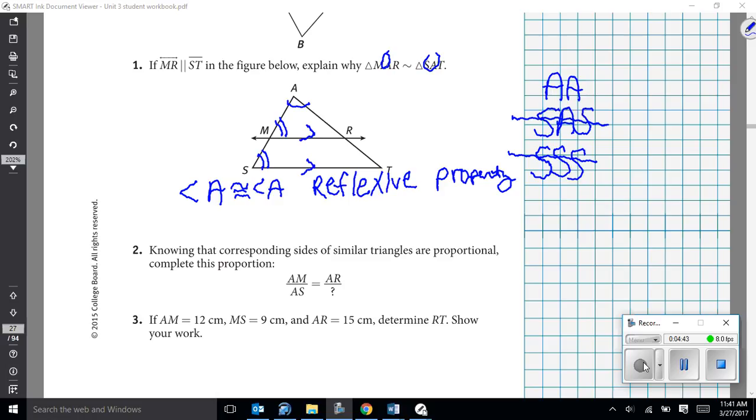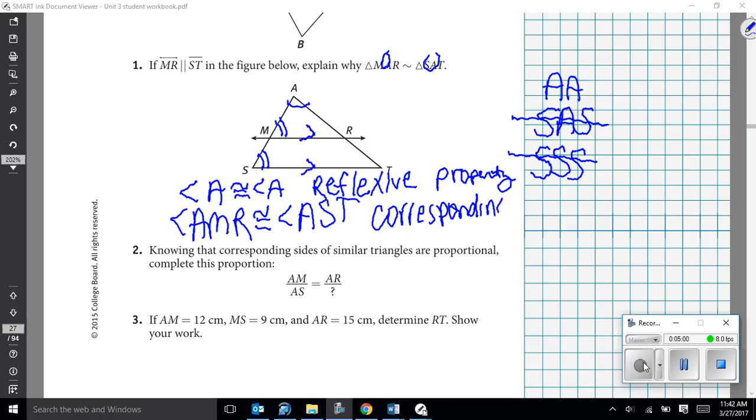All right, so we have angle AMR is congruent to angle AST, and our reason is that corresponding angles are congruent when lines are parallel.